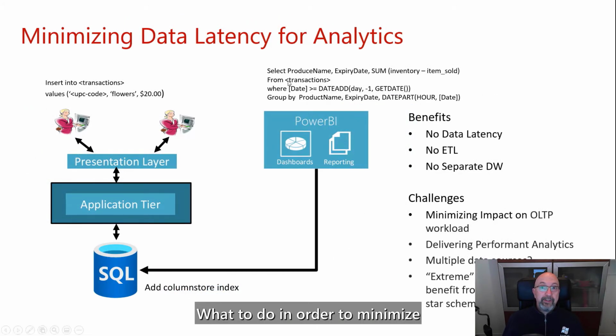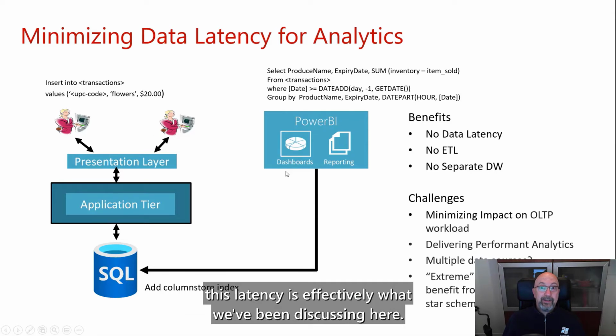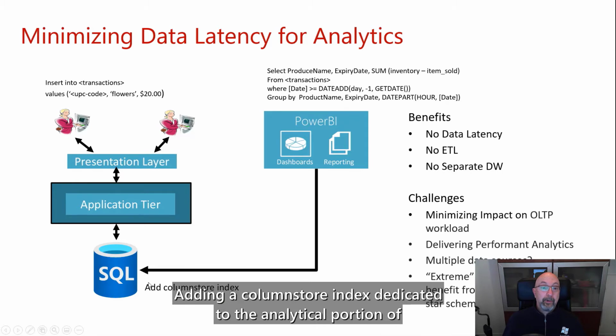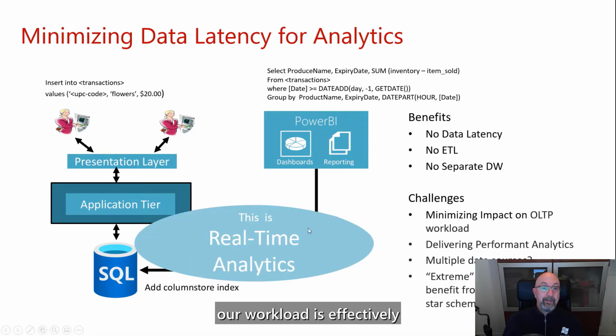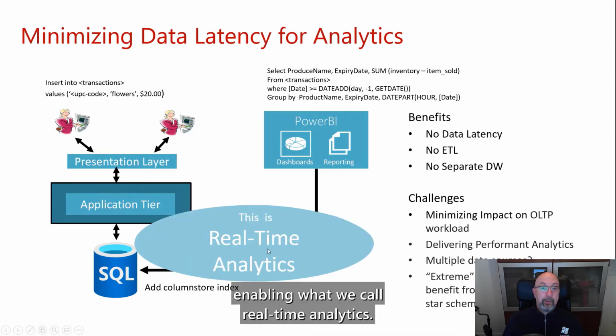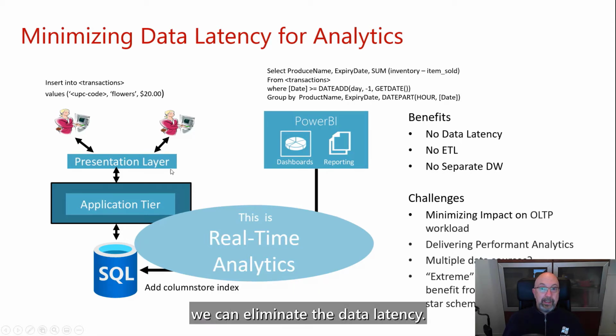What to do in order to minimize this latency is effectively what we've been discussing here, right? So adding a column store index dedicated to the analytical portion of our workload is effectively enabling what we call real-time analytics, right? So in this way, we can eliminate ETL, we can eliminate this data latency.